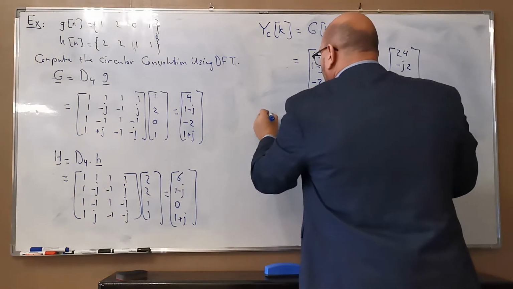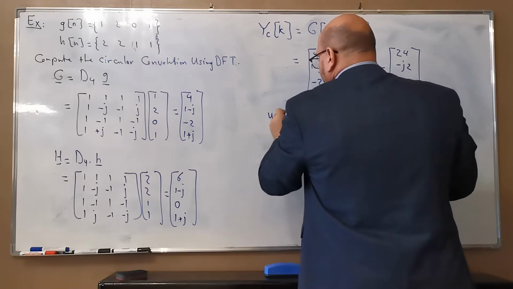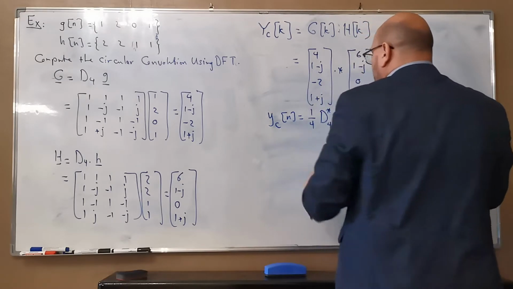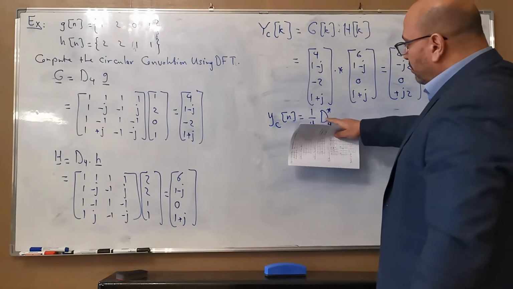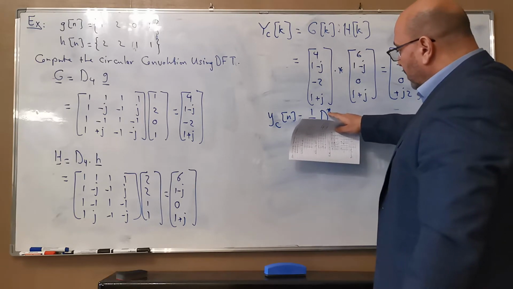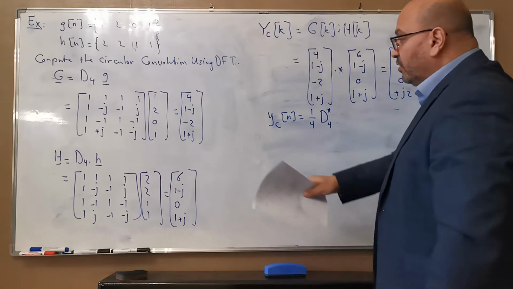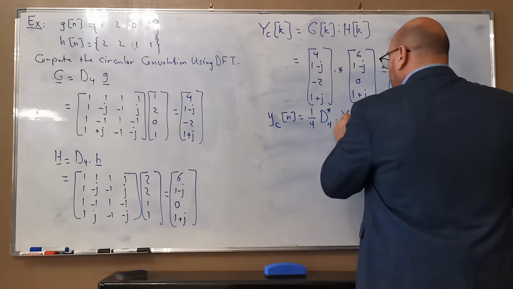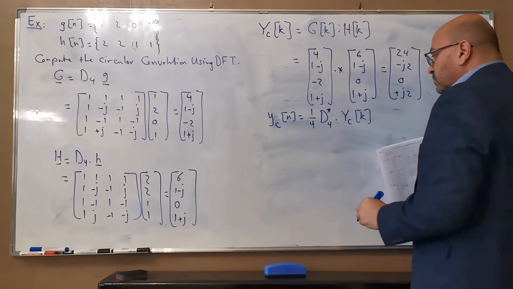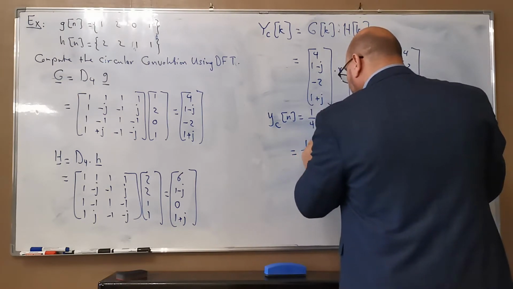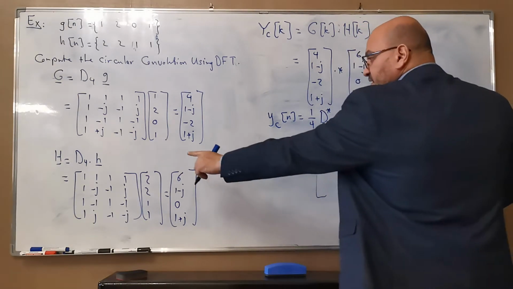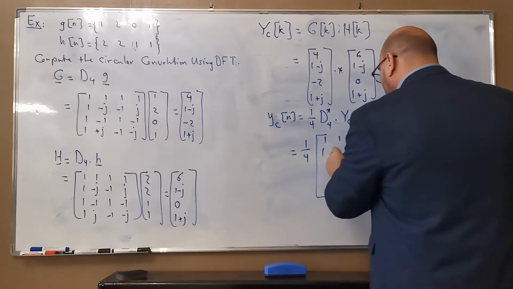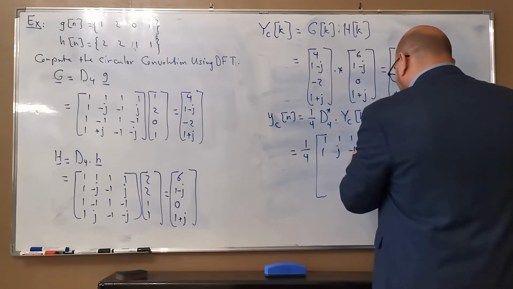Now, to get yc of n, it is equal to 1/4 D4 complex conjugate, which is the inverse of D4, times yc of k. So you'll have 1/4 times the complex conjugate of this matrix. It's the same: 1, 1, 1 are real. The conjugate of minus j is j, minus 1 is the same, j is minus j.